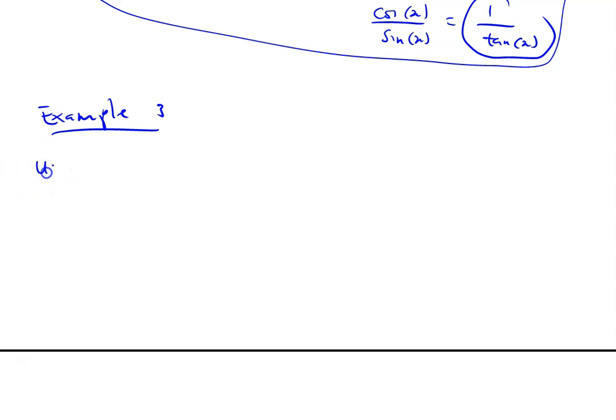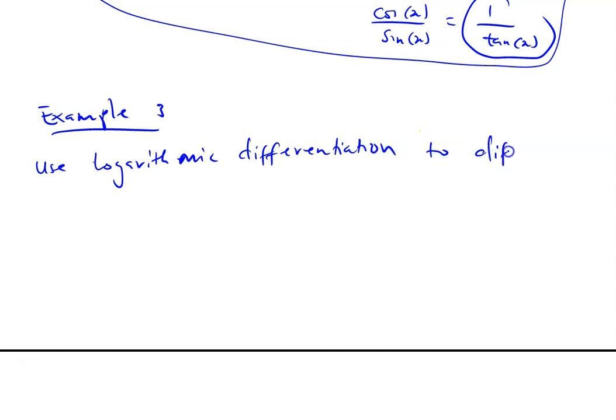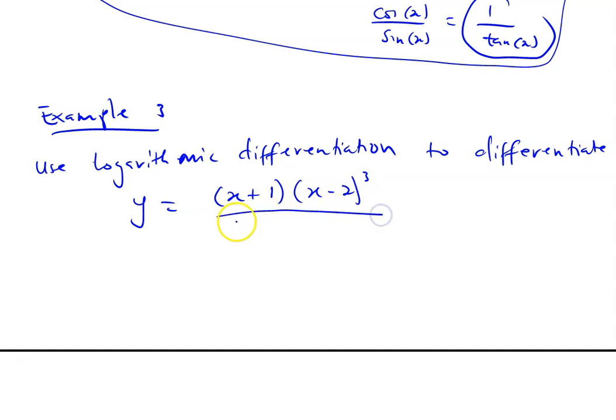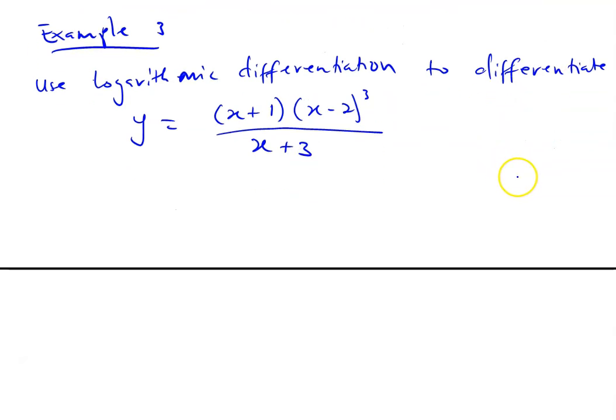So he says use the logarithmic differentiation to differentiate y equals to (x plus 1)(x minus 2) all cubed, all on x plus 3. Very good. So he said we should use the log approach.